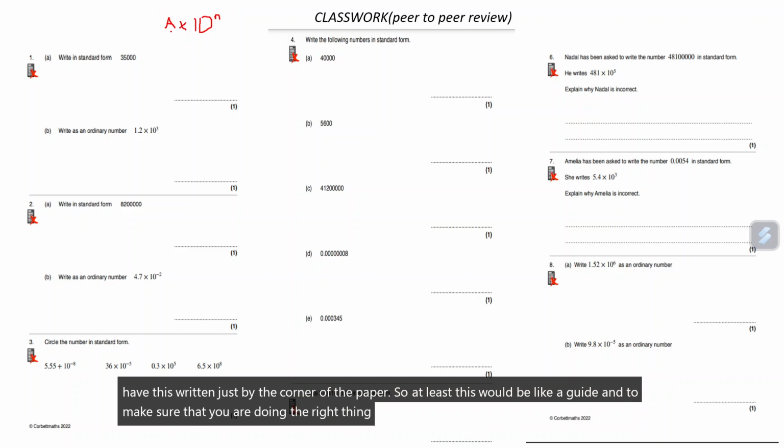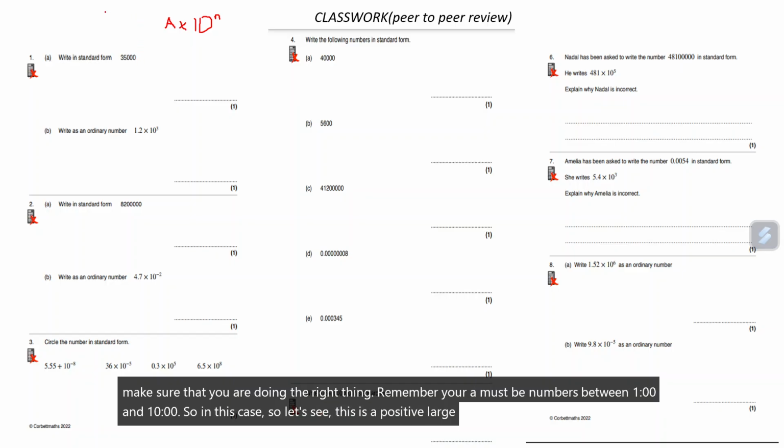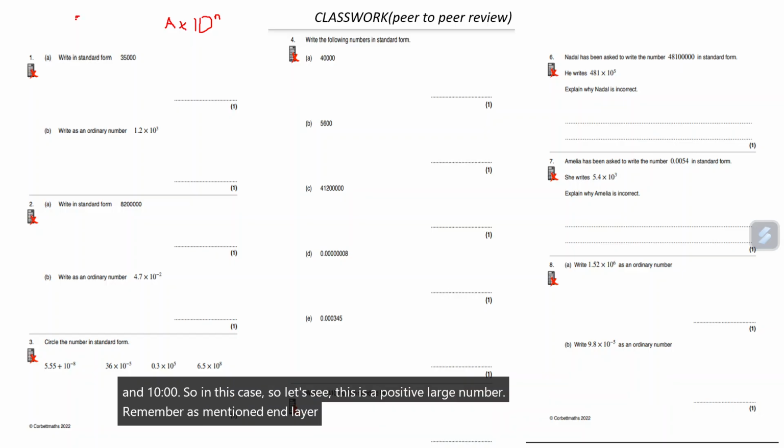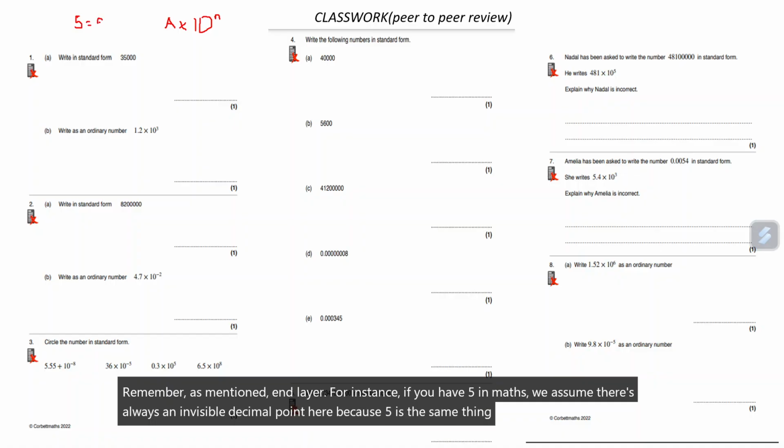Remember, your A must be a number between 1 and 10. So let's say this is a positive large number. Remember, as mentioned earlier, for instance, if you have 5 in maths, we assume there's always an invisible decimal point here, because 5 is the same thing as 5.0.